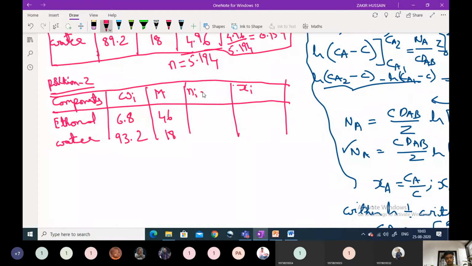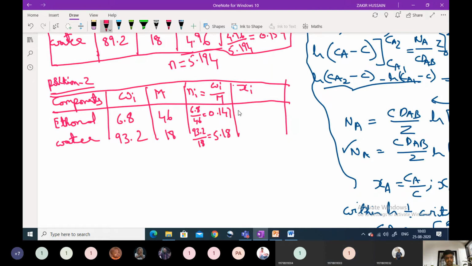Moles is wi by m, so 6.8 divided by 46 is 0.147, and 93.2 divided by 18 is 5.177, so we can take 5.18.